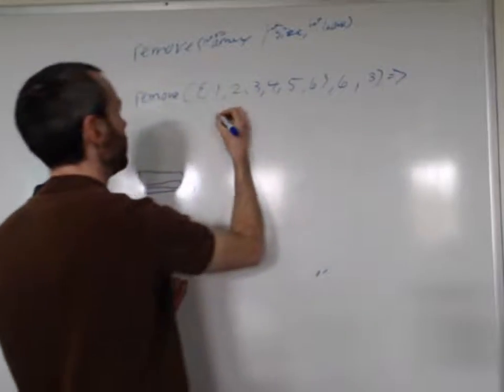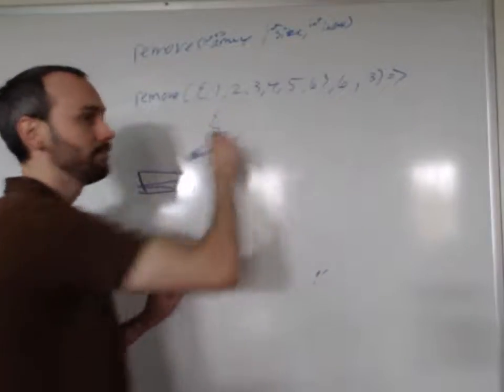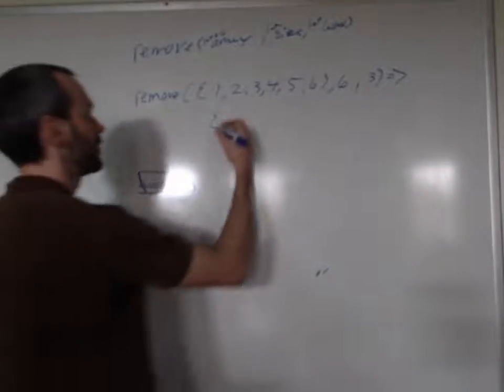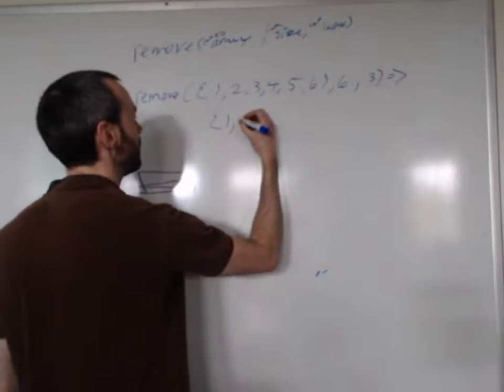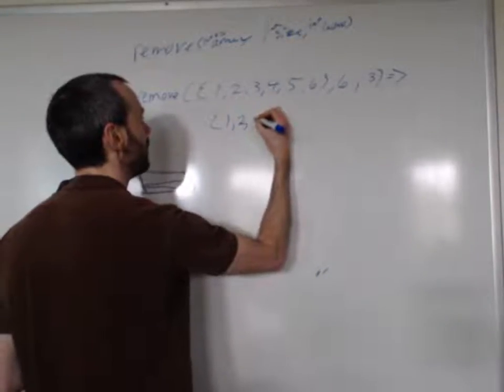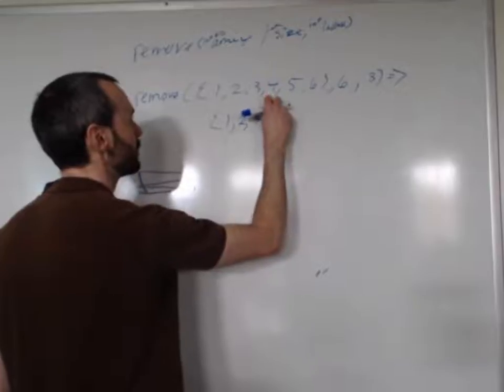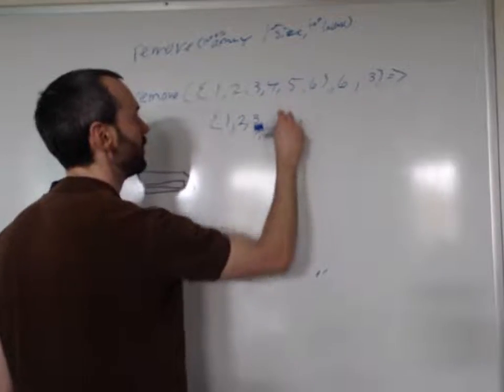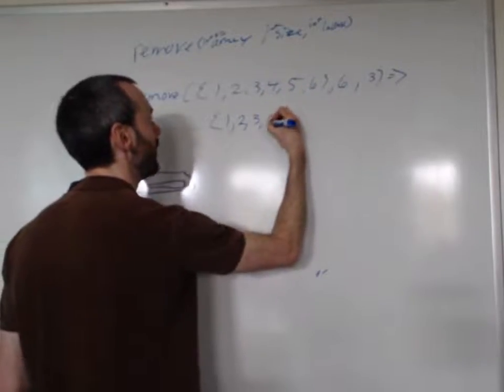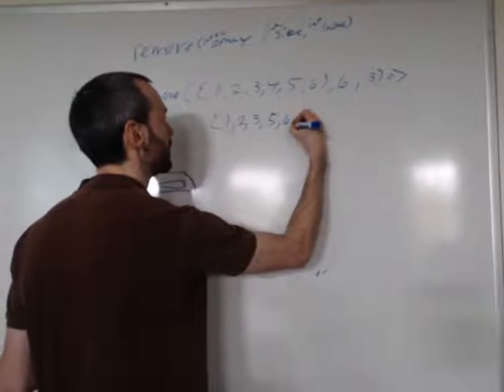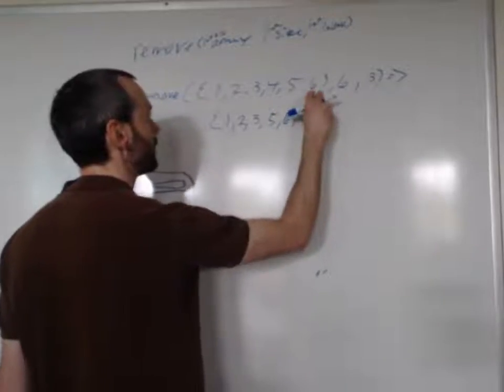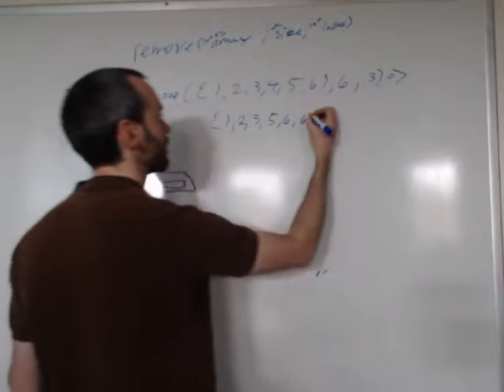That would make the new array, the array will be changed because it's being passed as a pointer, so the values will be changed when it's returned. So that's index 0, index 1, index 2, index 3 is going to be removed by shifting everything to the right of it left, so that would be a 5, then the 6, and then the 6 again because there's nothing to the right of the 6.